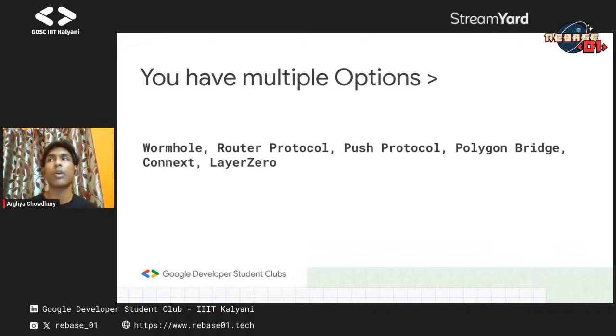Then there is Polygon zkEVM, and then there are Ethereum and some other USDT and other tokens as well. But mainly it doesn't have a bigger market. It doesn't have too many options you can choose from. You can also try out Connext and LayerZero.